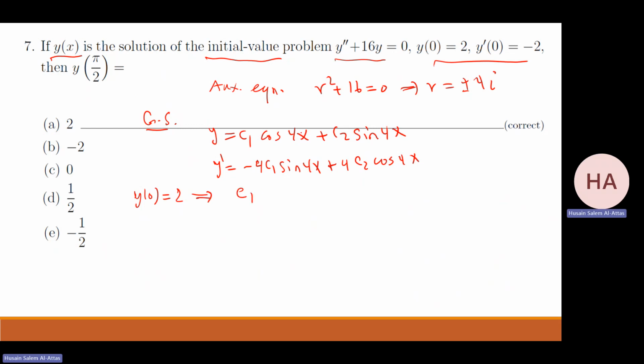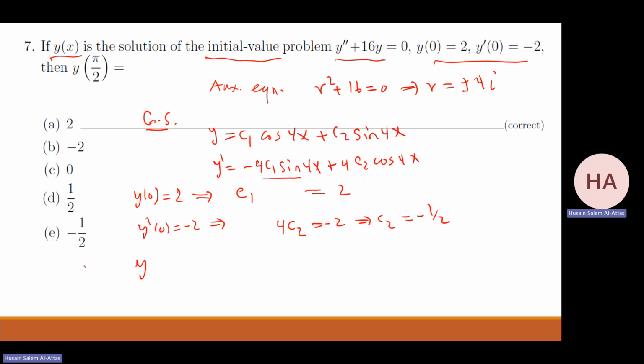I have c1 cosine 0 is 1. Sine 0 is 0, that's it. So c1 equals 2. y prime at 0 equals minus 2. That implies if I substitute x equals 0, I have 4c2, since cosine 0 is 1, equal to minus 2. So c2 equals minus half.